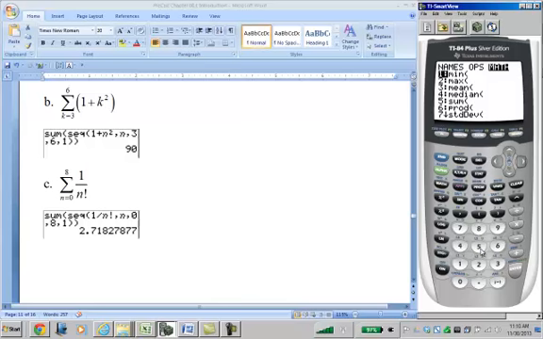Second, stat, ops, to save you a few keystrokes, 5 for sequence. So we got 1 divided by n factorial. We go to math, arrow over to PRB, number 4 for factorial.